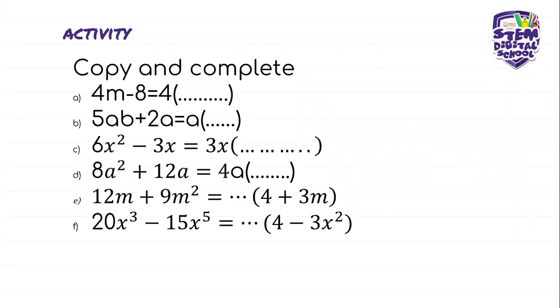I hope that it makes sense. And then again, we also have b, 5ab plus 2a. Again, we need to find a way to factorize the expression. So let me take this opportunity to give you a chance as well.